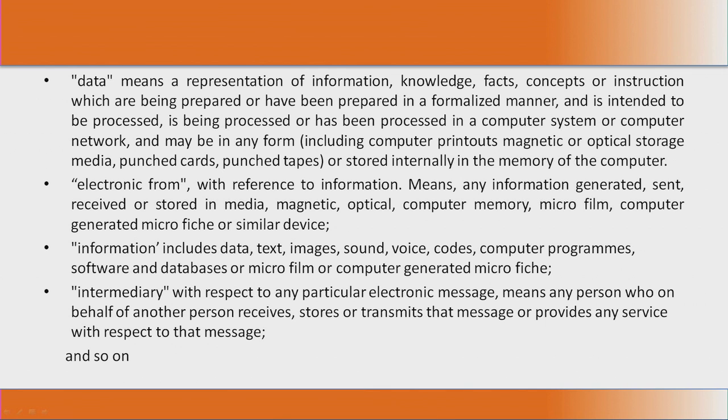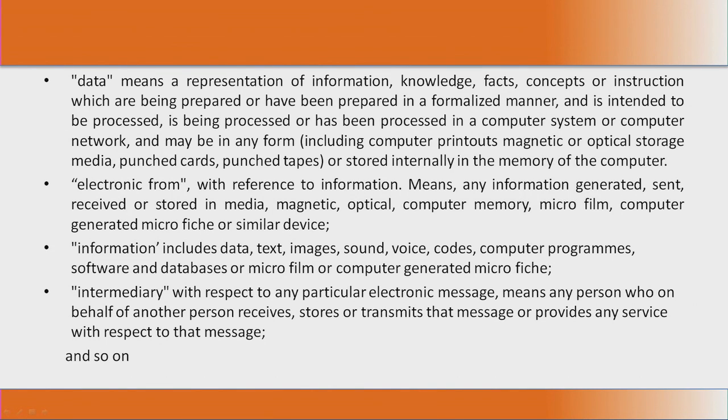So, electronic form is in references, all these things are under electronic forms. And information includes data, text, images, sound, video, computer programs, softwares, databases or microfilm for computer generated microfiche. So, all of those are covered under that.